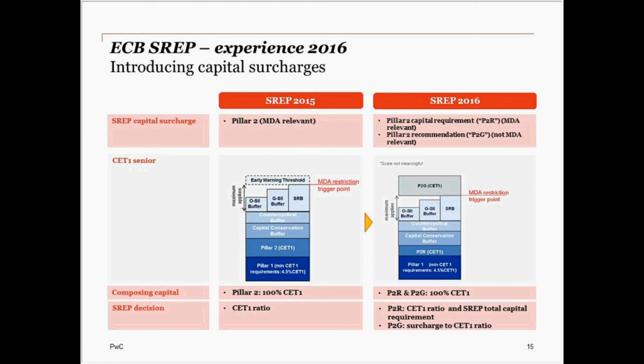Another important point to mention is that the minimum distributable amount is not affected by the Pillar 2 guidance, so the MDA restriction point is below the Pillar 2 guidance. Last but not least, the quality of capital to underlie both the Pillar 2 requirement and the Pillar 2 recommendation needs to be CET1 capital.